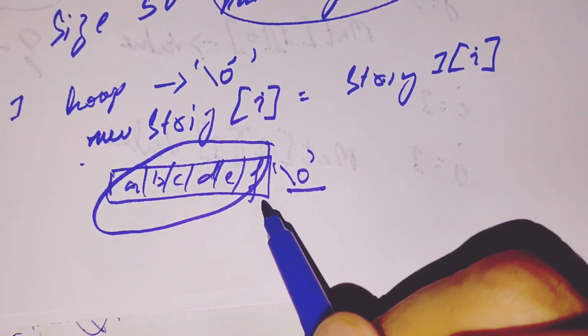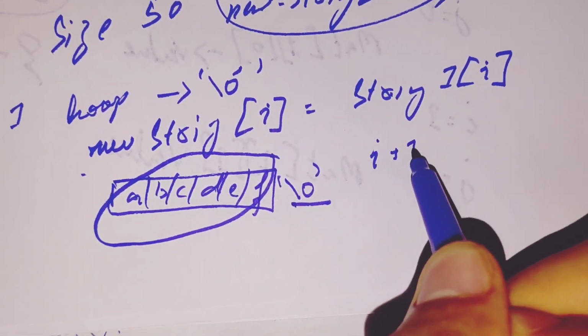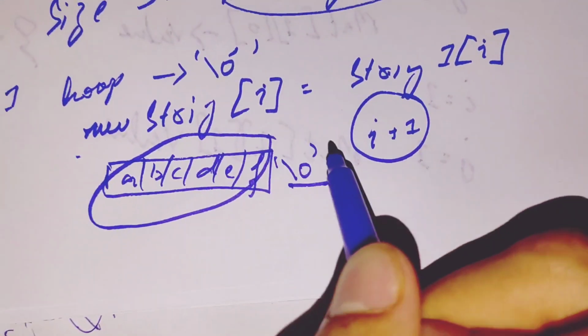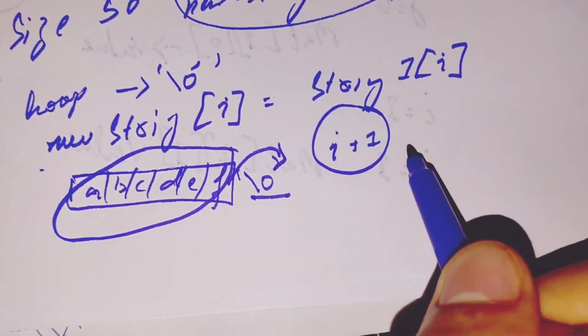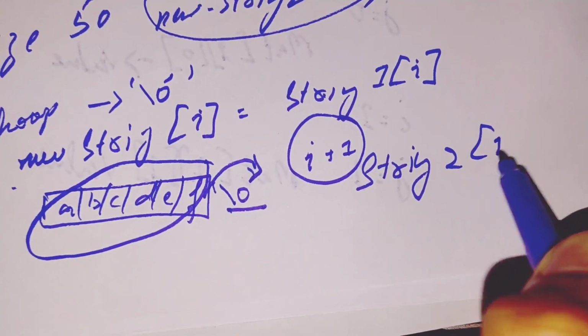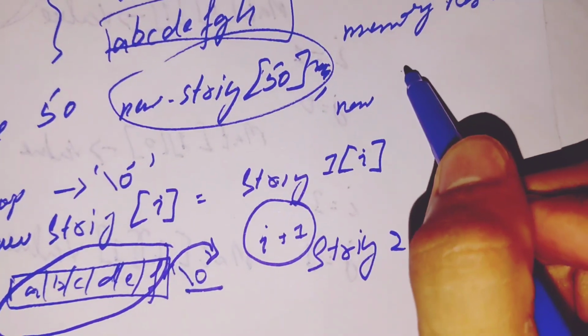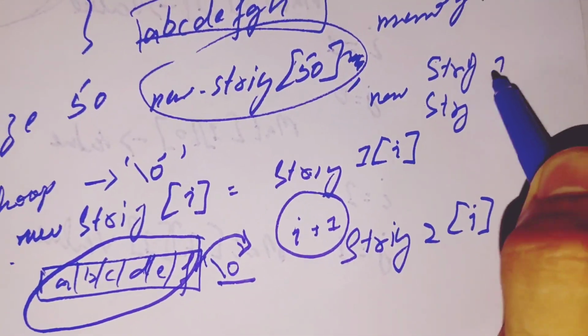Now in the next loop, we will start from the i plus 1 address. That means we will start putting the data after this. So after this we will start putting the data of string 2. In this way, the new string will have the string 1 data plus string 2 data.